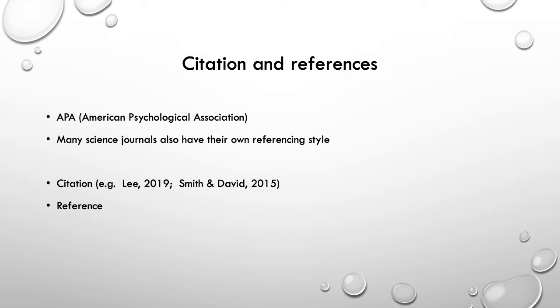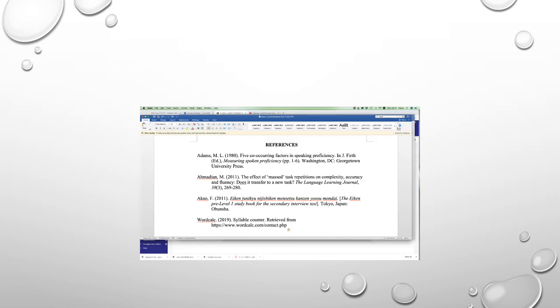Citation is what we call when we write inside the text. Then the citation would reflect to the list of references at the very back of the paper. This is an example of a reference list. The author names are arranged in alphabetical order, so A, B, C, etc.